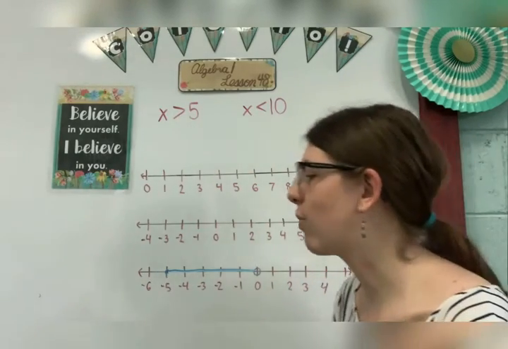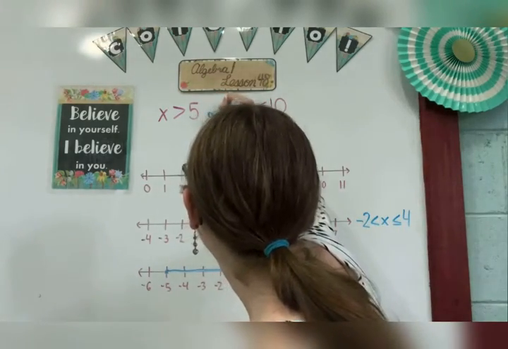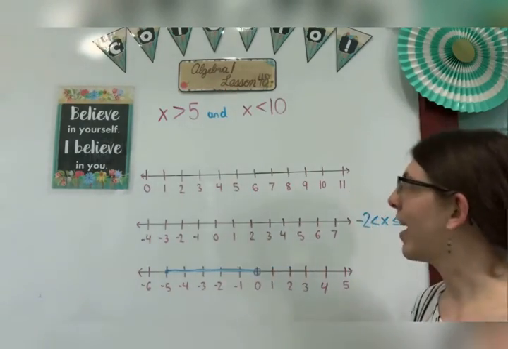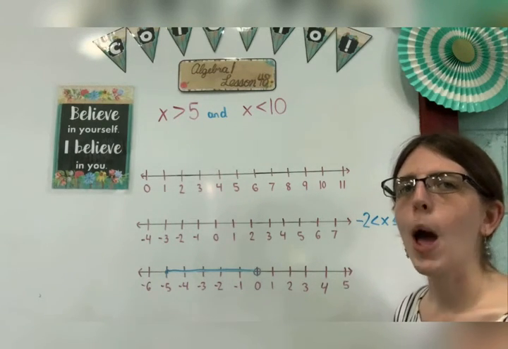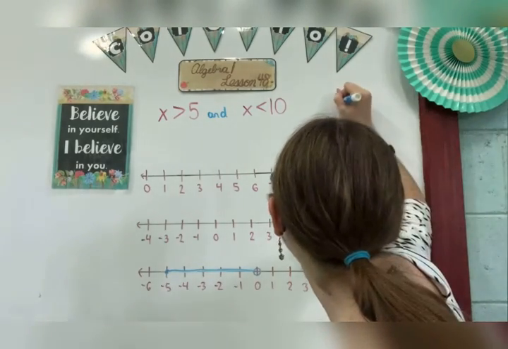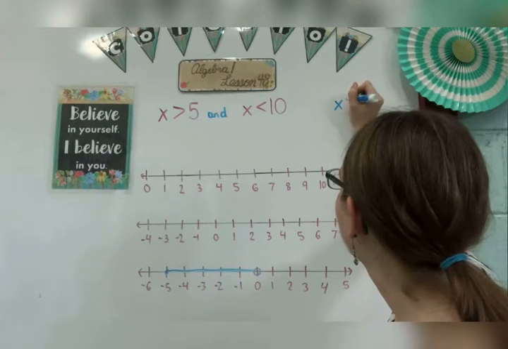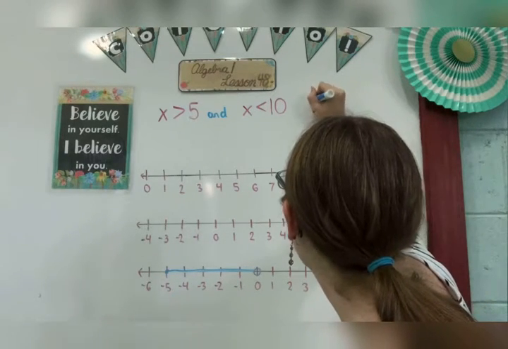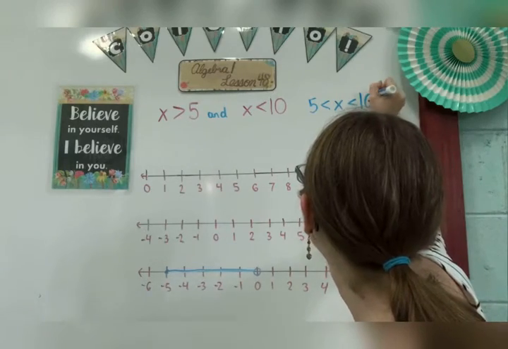But if I wanted to write these together, I could just say x is greater than 5 and x is less than 10. But I could combine them into one expression, putting x in the middle. I could write that as x is greater than 5 and less than 10.